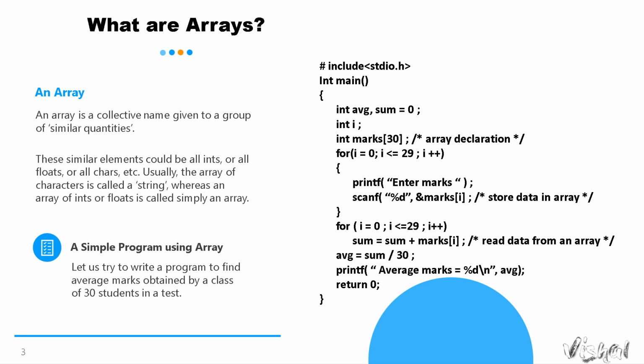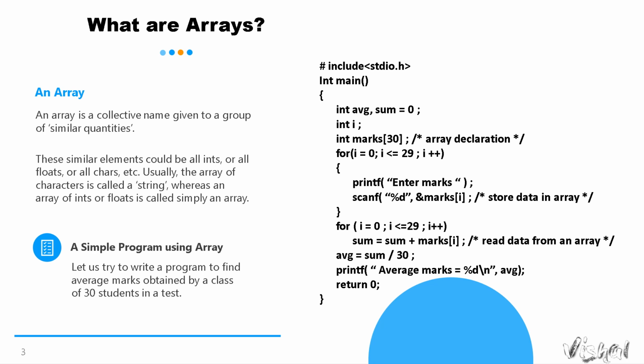Here is an example in which we are trying to store the marks of 30 students and then find the average of it. If we try our conventional method, then we have to give 30 variables for the 30 students, then assign or input data with the help of those 30 variables. This will become so lengthy and very difficult.